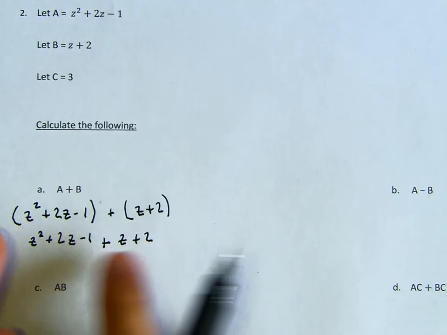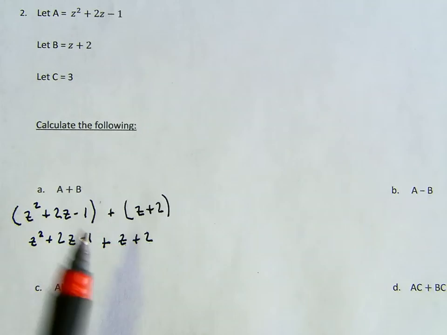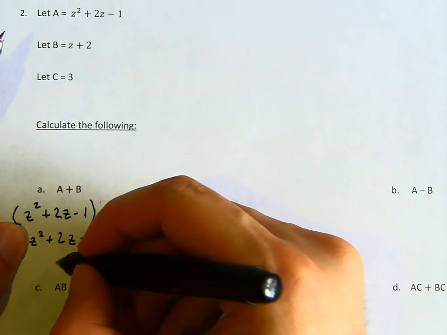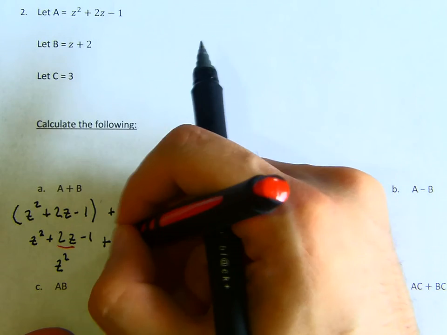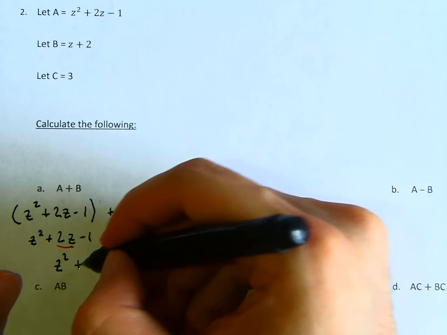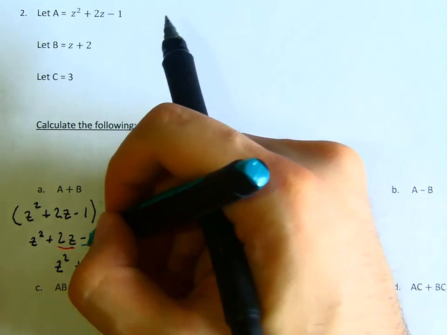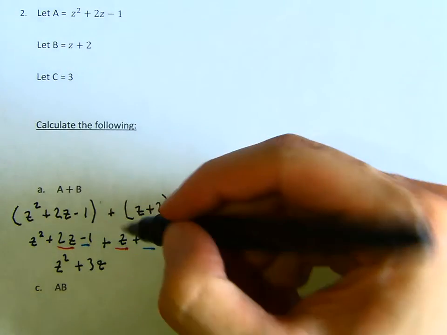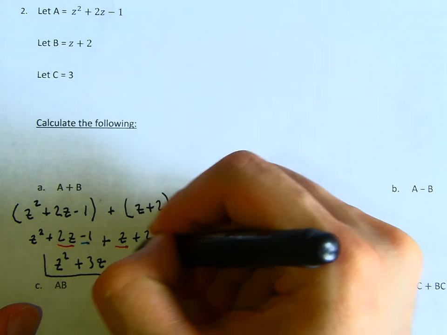Now here we just combine the like terms. What are the like terms? Notice that this z squared you can't combine with anything. And then this 2z plus z is 3z. And this -1 and +2 are also like terms. What is -1 plus 2? It's +1. And that's it.